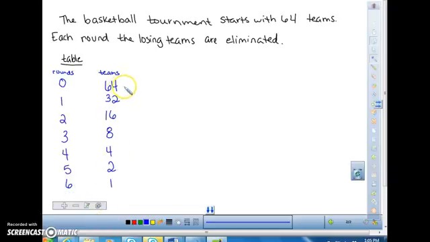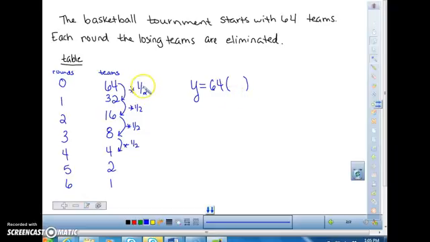So when you look at our table this time, as the rounds go up by 1, these are decreasing. And so if we had to multiply 64 times something to get to 32, we would multiply by 1/2. Yes, it is being divided by 2, which is the same as multiplication by 1/2 each time. So if we want to write an equation for this, we could say y equals our starting amount, so 64, times how fast it's increasing or decreasing.